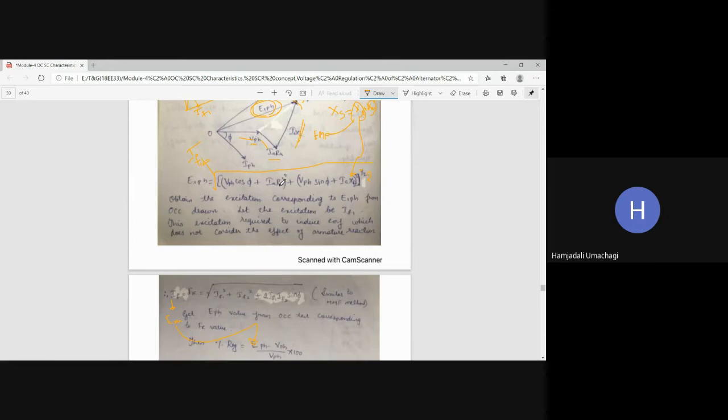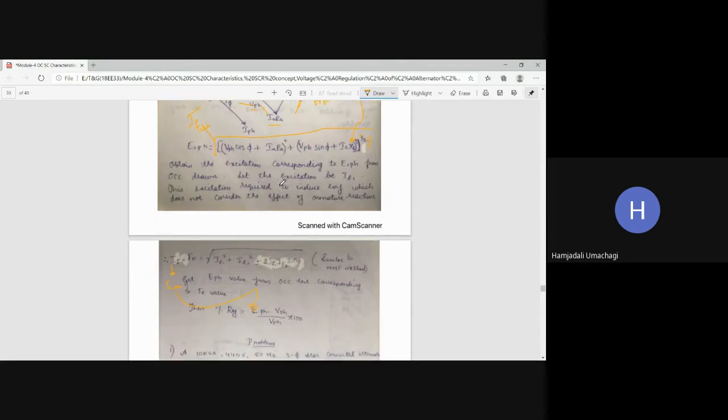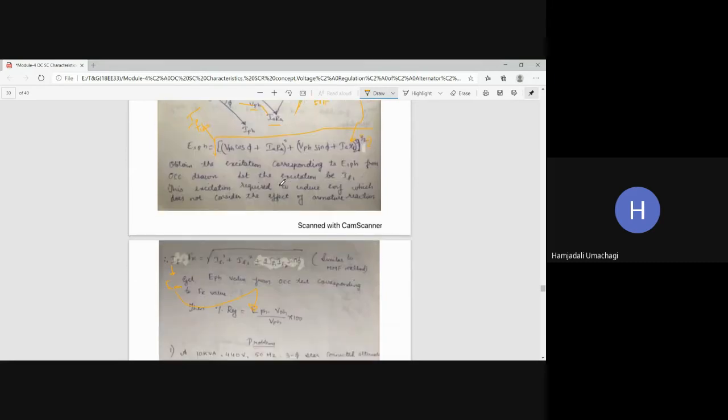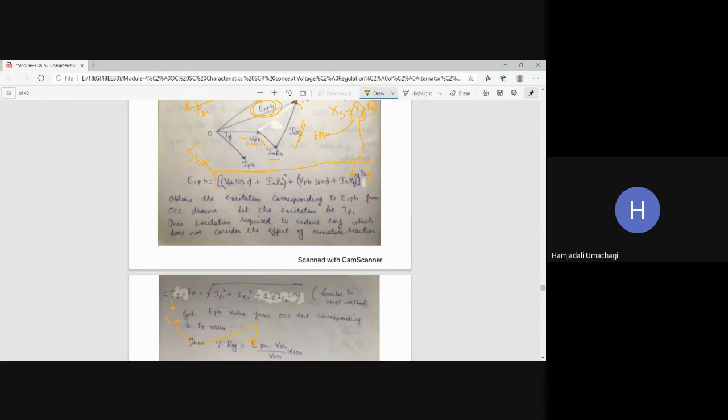So your ZPF method is a combination of both the EMF method and the MMF method formulas. This is how you can calculate the regulation, and here you are going to get almost exact or near to the actual values of the regulation of an alternator. Is it clear to all of you? Okay, fine.